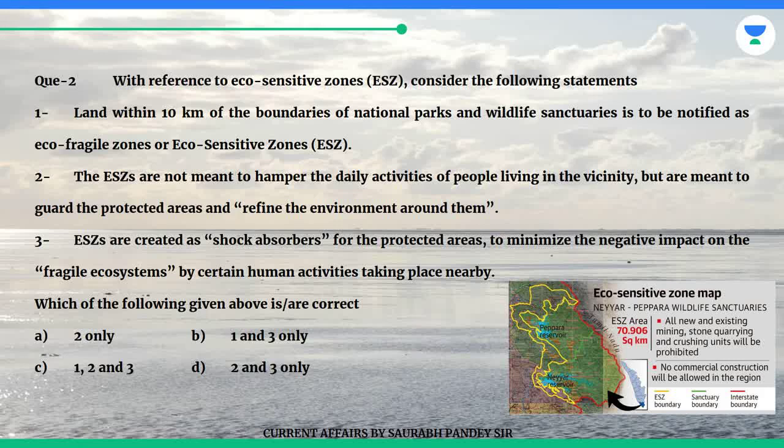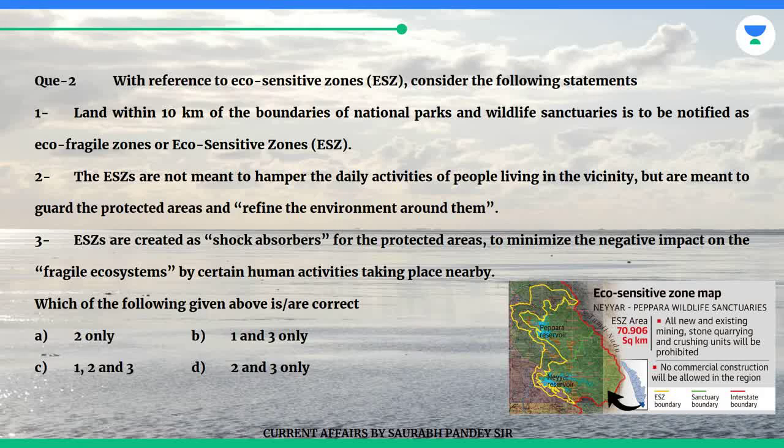The ESZs are not meant to hamper the daily activities of people living in the vicinity, but are meant to guard the protected areas and refine the environment around them. 3. ESZs are created as shock absorbers for the protected areas to minimize the negative impact on the fragile ecosystems by certain human activities taking place nearby.